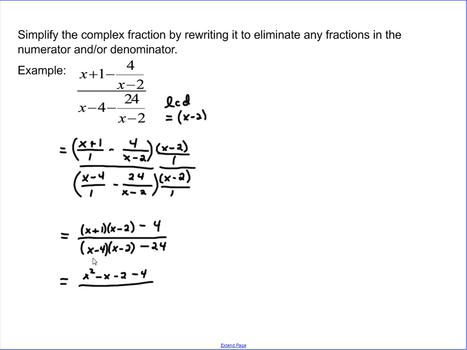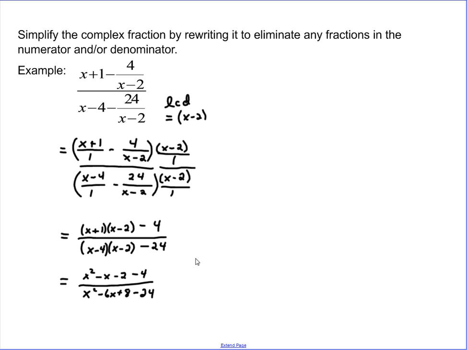And in the denominator, x minus 4 times x minus 2 becomes x squared, minus 2x minus 4x, that's minus 6x, minus 4 times minus 2 becomes plus 8, minus 24.